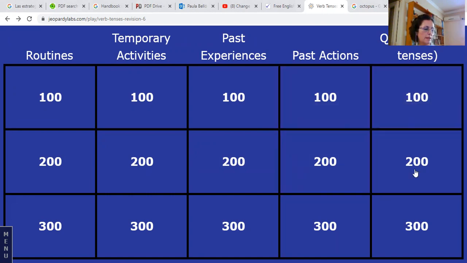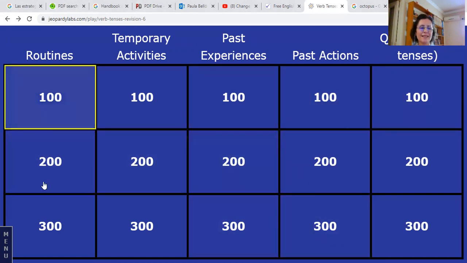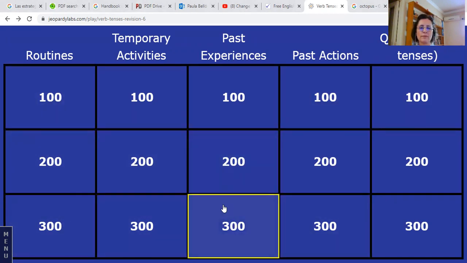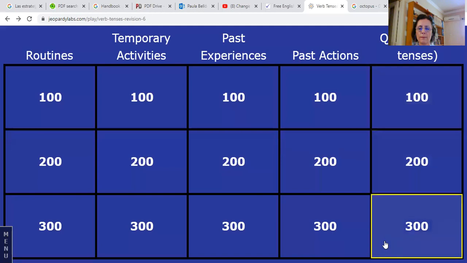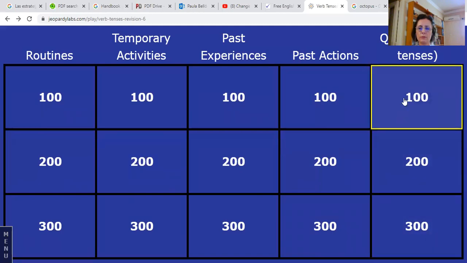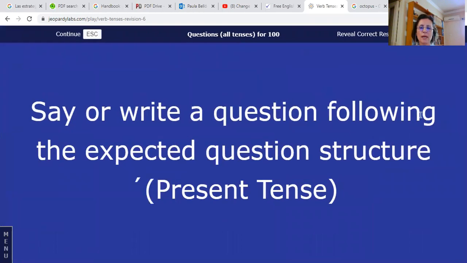We haven't added up the points, but anyway, it's just for revision. Which question? We didn't do this one. Say or write the question following the expected question structure.